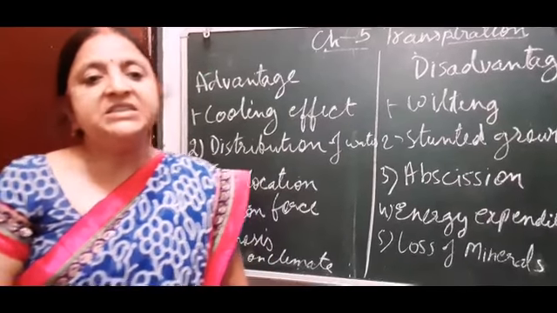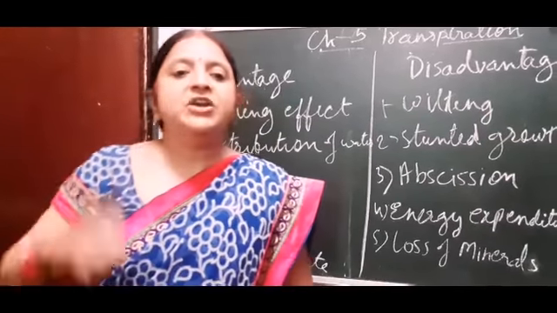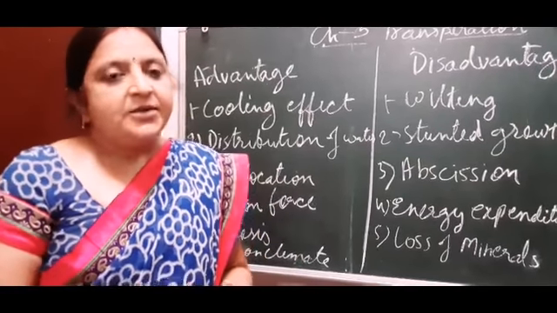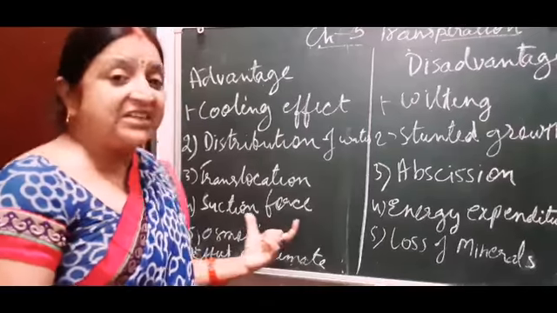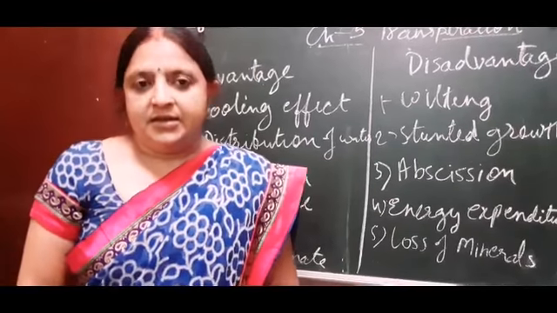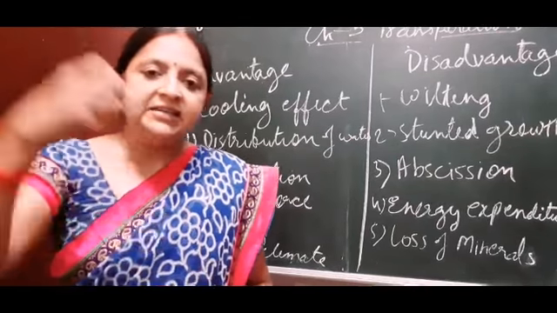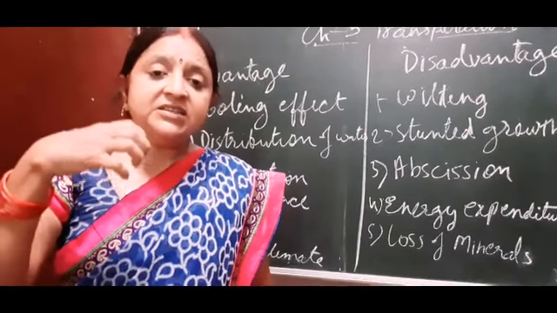Ascent of sap means upward movement of the water, and it is caused by transpiration, because transpiration causes a sucking force in the xylem column of the plant body, and hence it causes the transpiration pull.